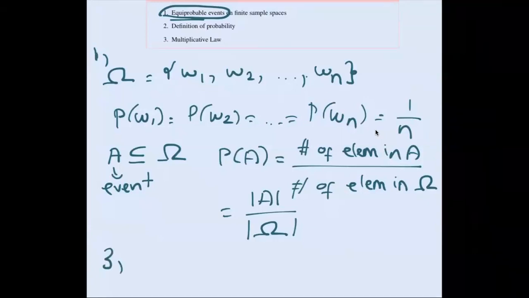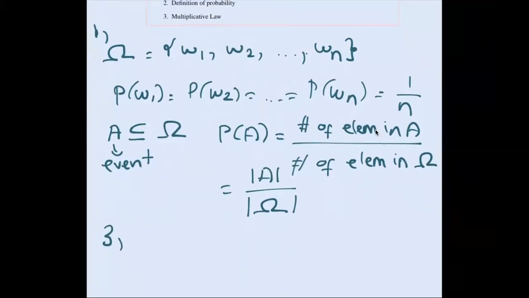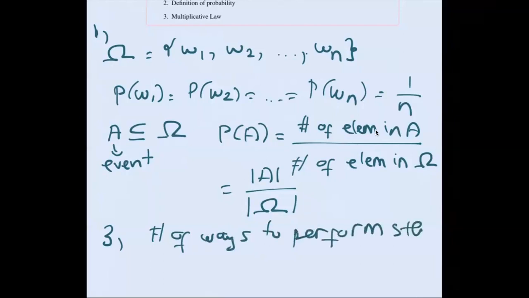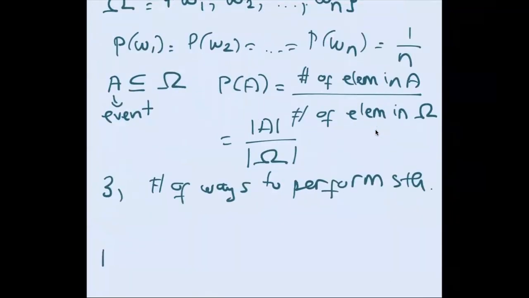The next one we want to talk about is the multiplicative law. Let's say that you want to calculate the number of ways to perform something. Let's say I want to reach UTM from my home.